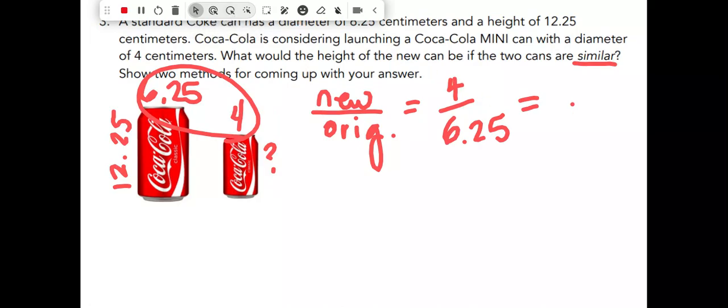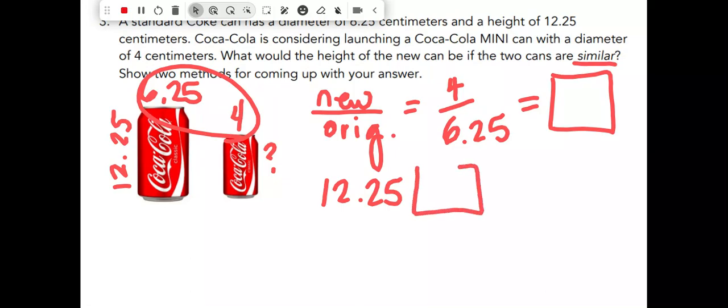I don't know. I'm going to let you figure it out. Then whatever that scale factor is, we'll multiply that by the 12.25 height to figure out the new height. So there's one way to do it.